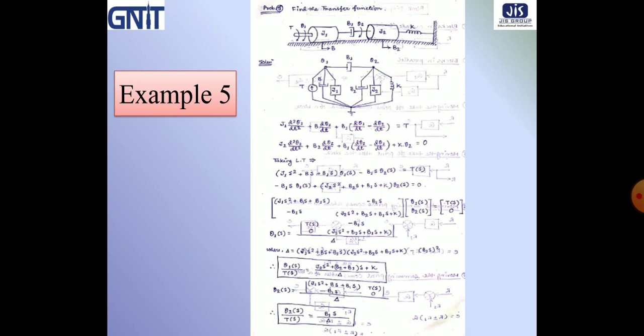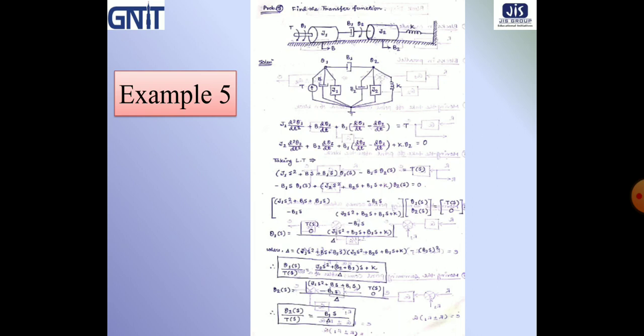So in between theta 1 and theta 2 there will be B1. So this way we have to first write the torque equation for node theta 1 and then the torque equation for node theta 2. Then we have to calculate the transfer function. Just look at the solution.